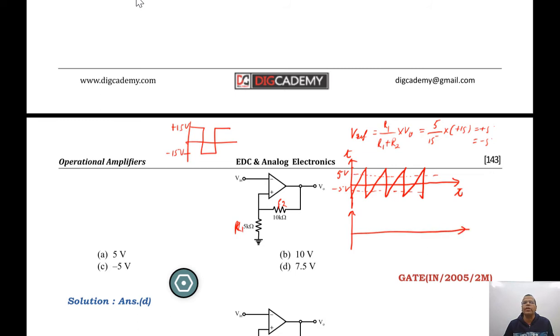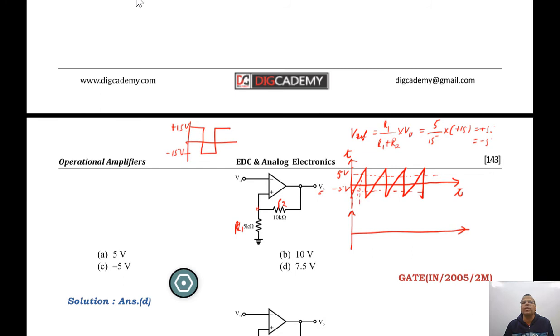Now see it carefully. When the output is positive, what is the reference level? Plus 5 volt. So when input is increasing, and when input becomes more than plus 5 volt, which is this instant, what will happen? Output of this will change from plus 15 volt to minus 15 volt.